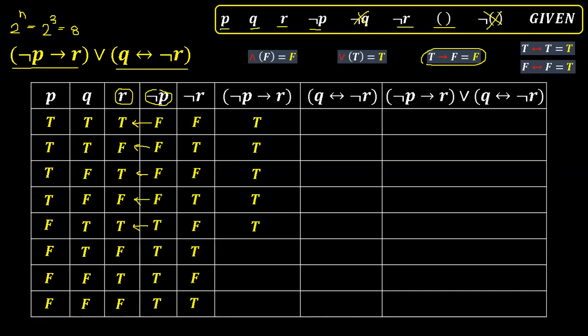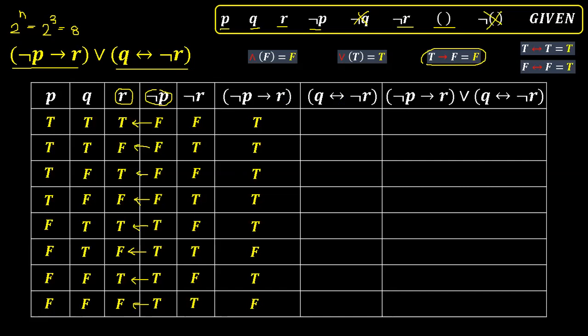But with this one, TF, so the hypothesis is true, the conclusion is false. It is TF, so that is now false. But this one is true. And the last part, TF, is false. So that is how you're going to get the truth value for the conditional statement.